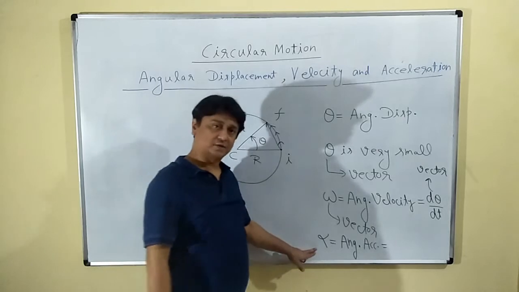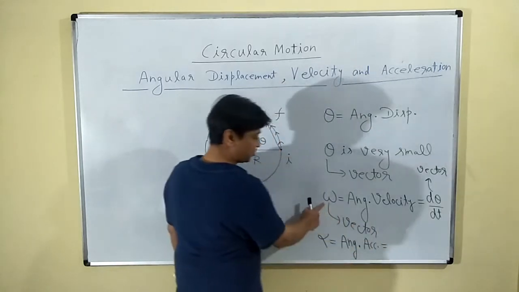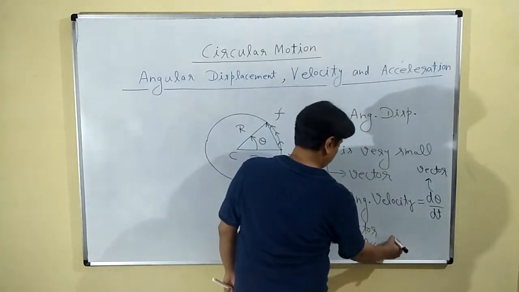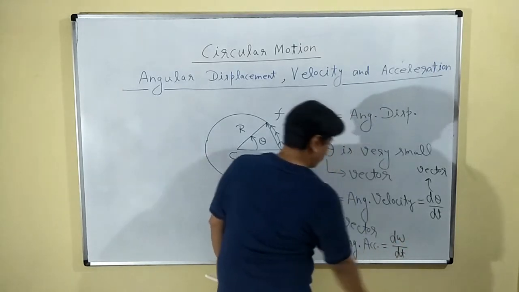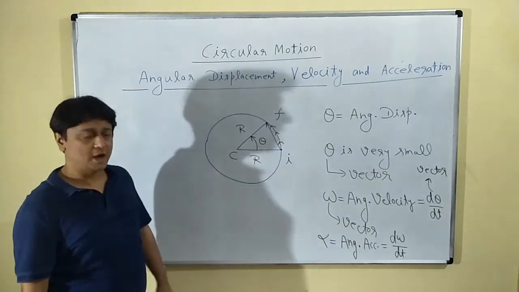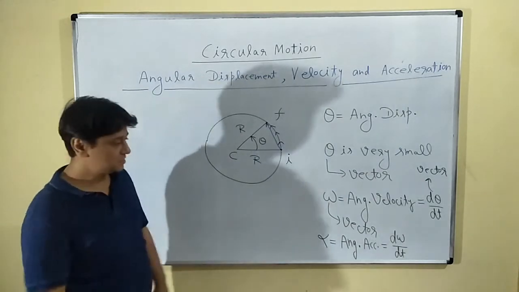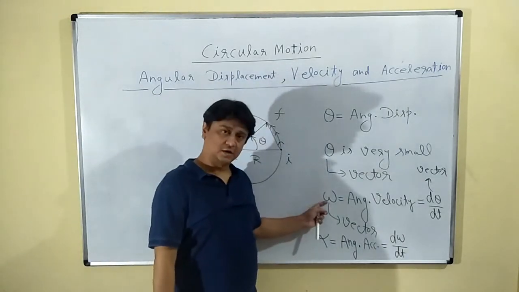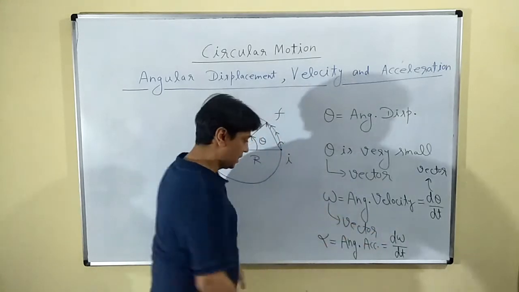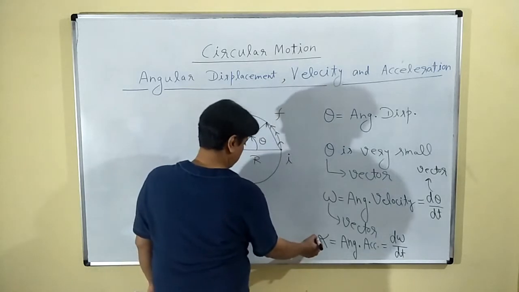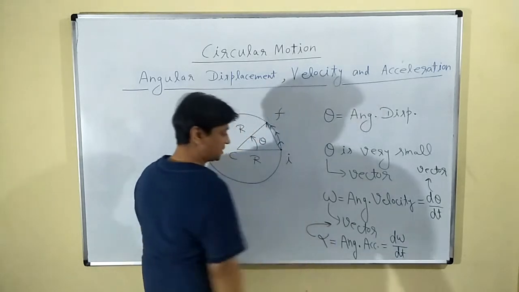What is angular acceleration? Rate of change of angular velocity, which is d omega by dt. Since omega is a vector, this d omega is also a vector, and therefore alpha is also a vector quantity.